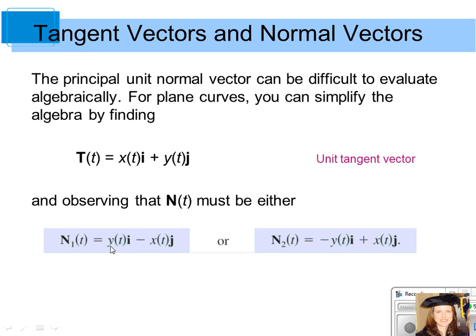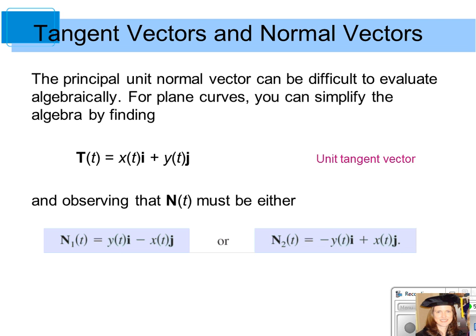It's either going to be y of t i minus x of t j, or negative y of t i plus x of t j. That will always happen if you're finding the unit tangent vector and the principal unit normal vector in the plane. As long as it's only two-dimensional, you can use this shortcut. But if there is a k component, you cannot use this shortcut. You would have to go through and work it out.